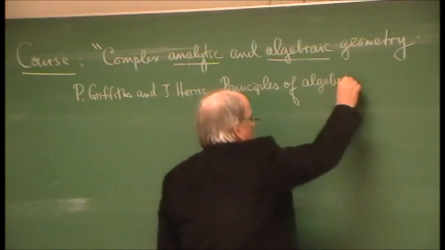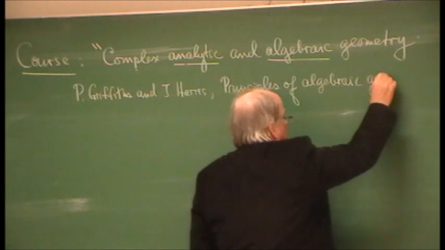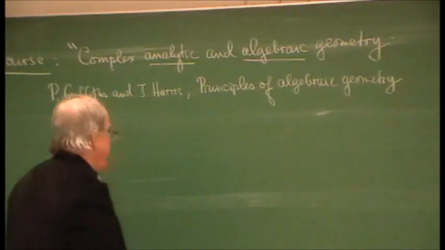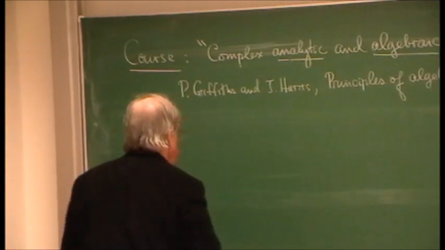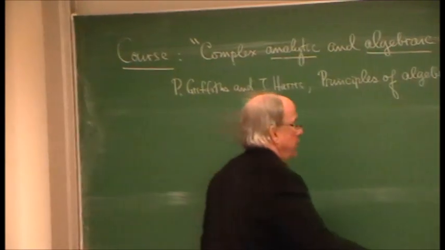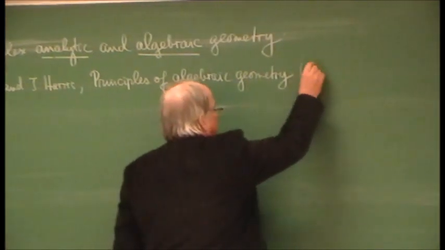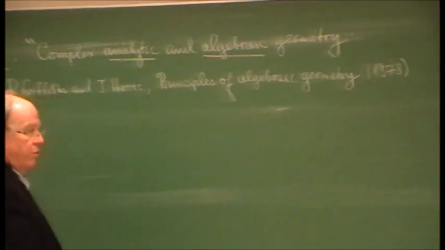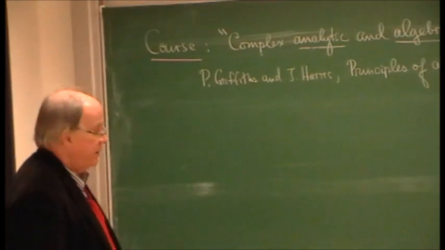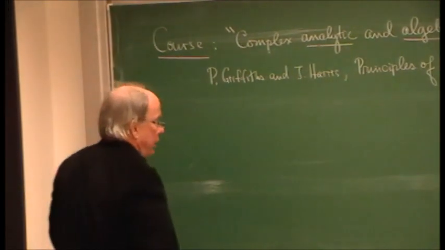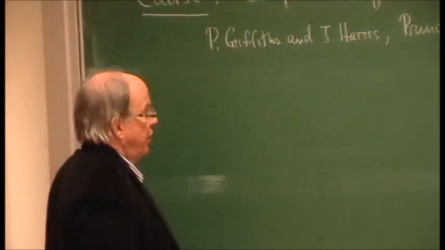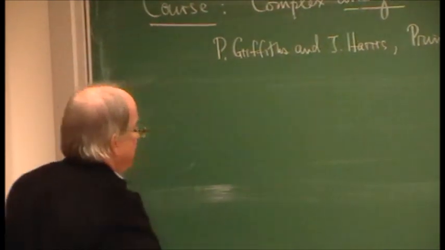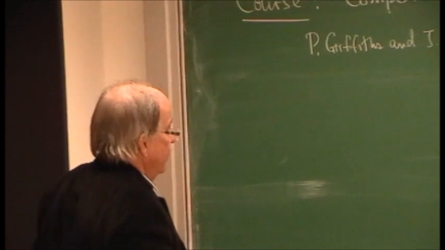I think this is it. There may be several versions. The first version, I think, was published rather early, maybe in 1978, but maybe you can find more recent versions. There are a lot of small mistakes in this book, but not too bothersome. It's really an excellent book for this point of view that we have in this course.